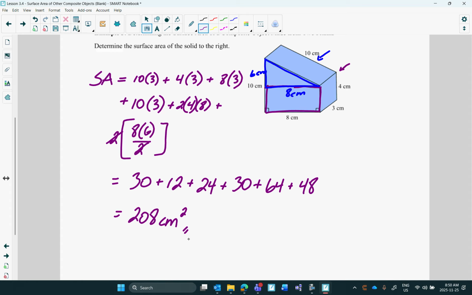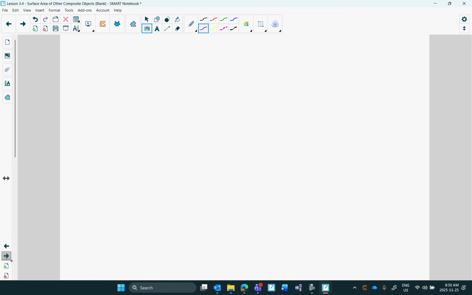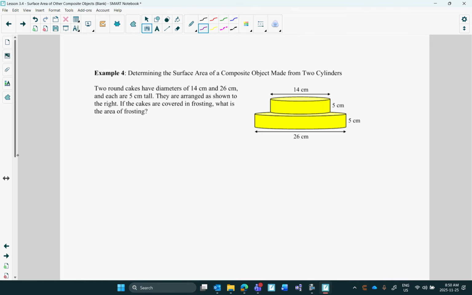Okay, so the composite solids do take a little bit longer. Finally, this one. We've got a 2-tier cake made up of 2 cylinders.